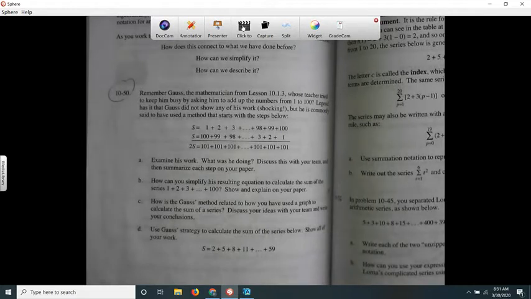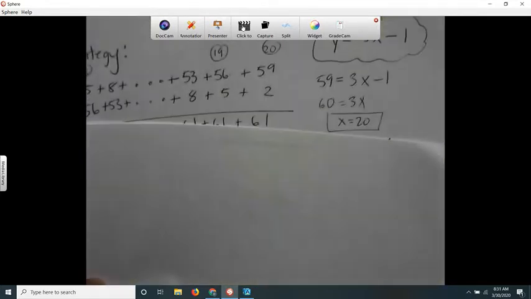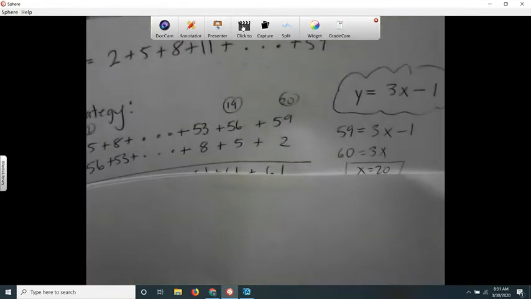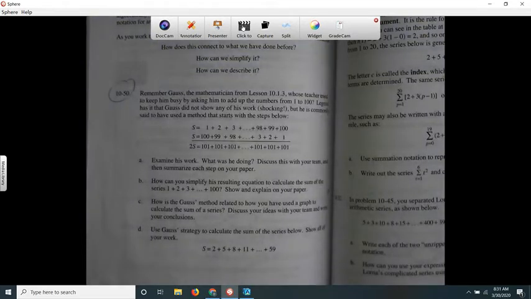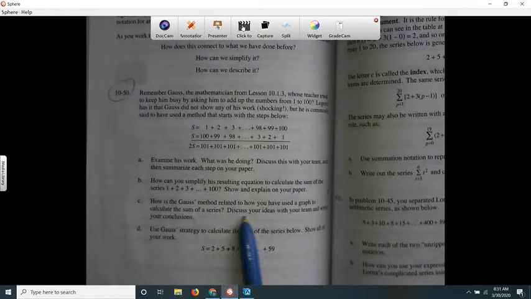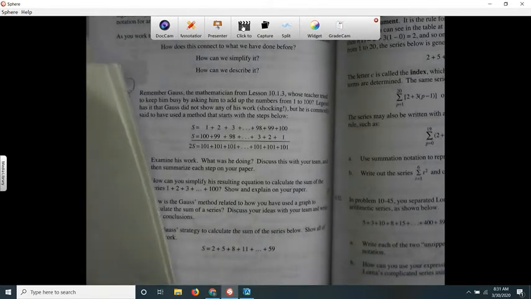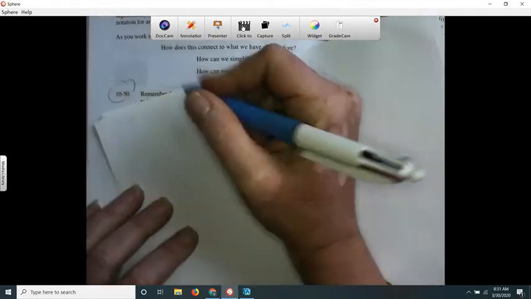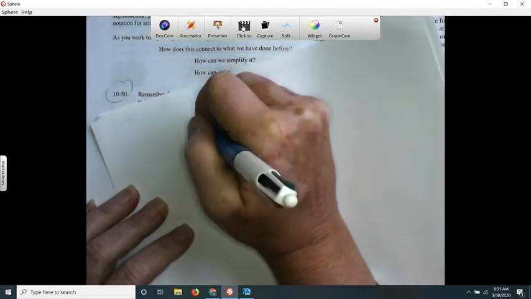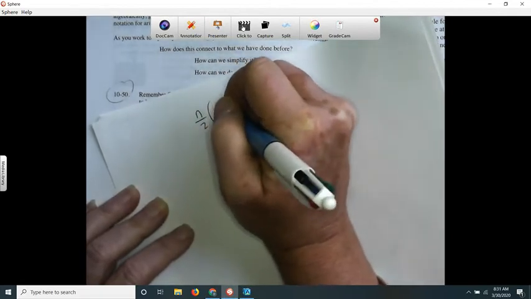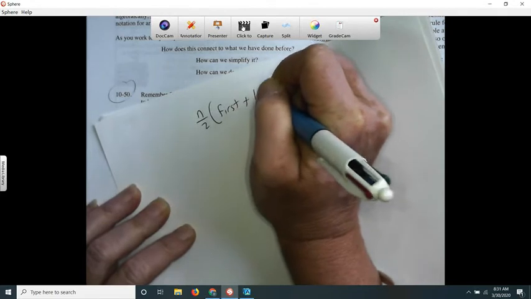So it says, how can you simplify it? Let's not do that part yet. Show it on your paper. This is like the same thing as when we write n over 2 and then first plus last.